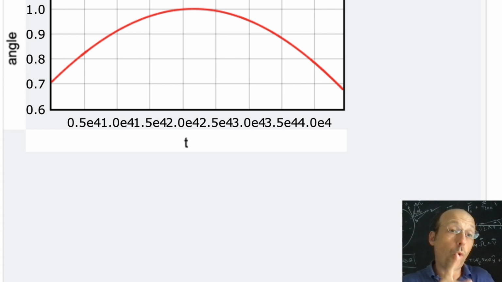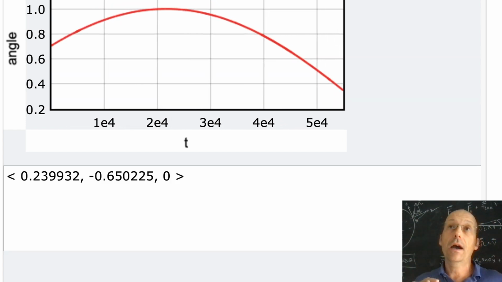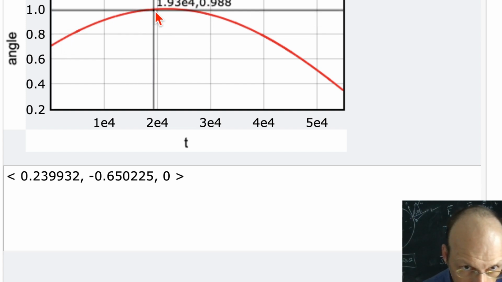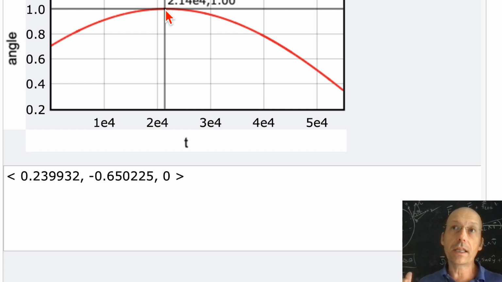And I really want that part where it turns back, because that's a quarter of the period, right? So I'm getting a quarter of the period right here, somewhere around 2.14 times 10 to the fourth. So let's calculate a quarter of the period from our theoretical calculations.